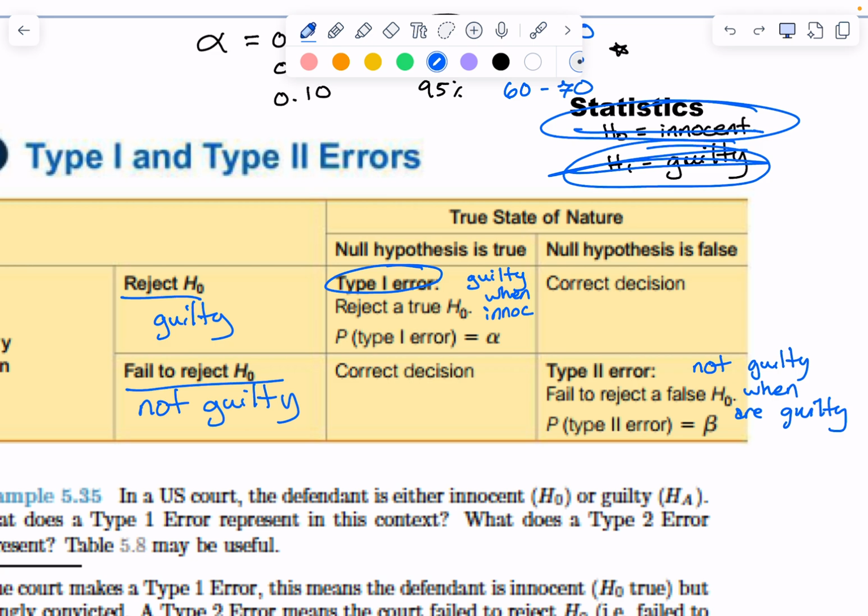If you just committed manslaughter, it's different, right? There's murder 1 and murder 2. Murder 1 is intent to kill, so it's all premeditated.